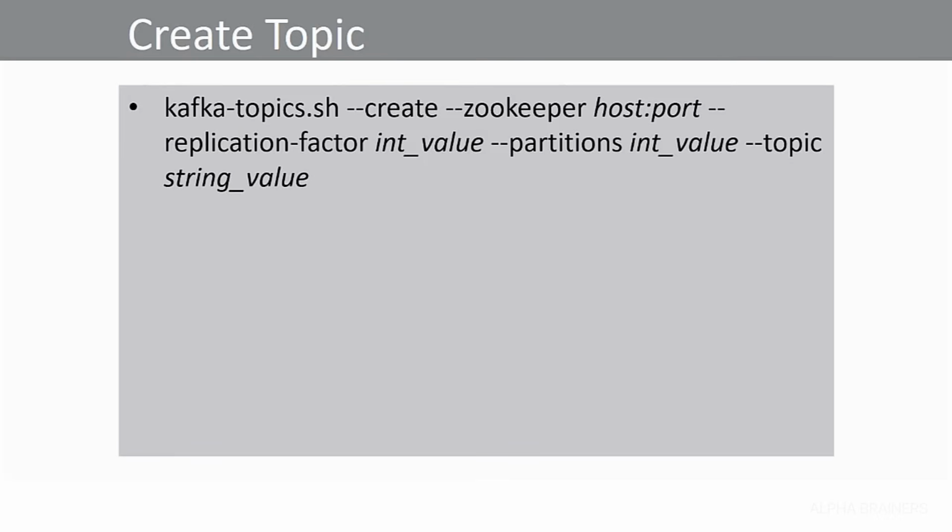A replication factor of an integer value 1 means there's no replication happening at all. But obviously, if you use a value 2, 3, 4, or whatever, you'll get replication on different partitions that are available inside of the Kafka cluster. And then use --partitions and an integer value to specify how you want to spread the load across the different Kafka brokers that are available. And then lastly, use --topic and then provide a string value of whatever you want to call the topic.